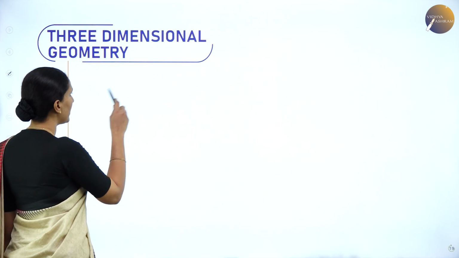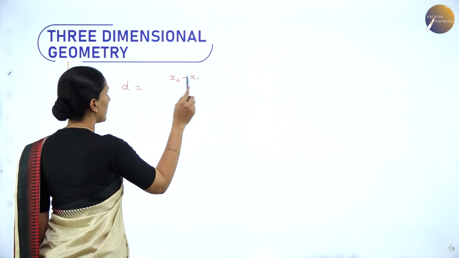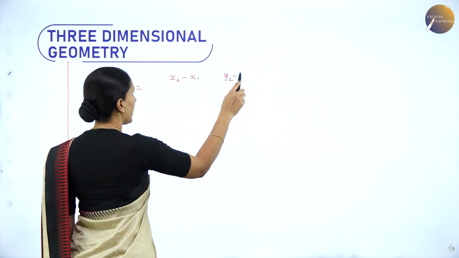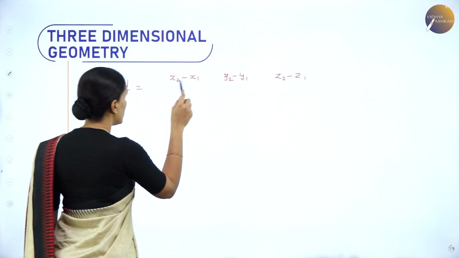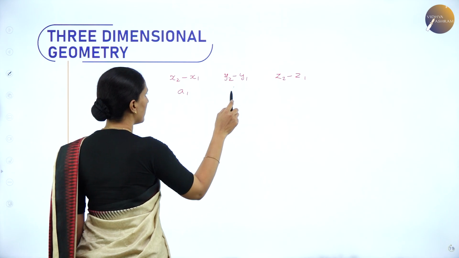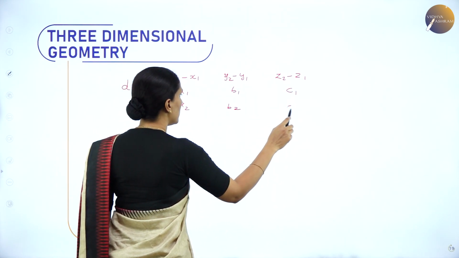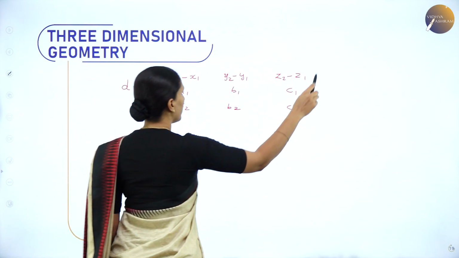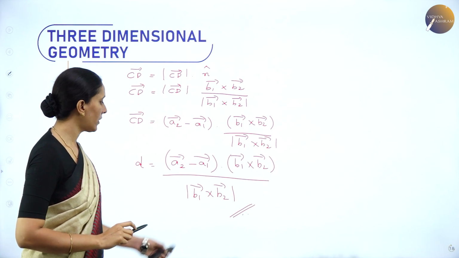Similarly, in Cartesian form, D can be written as the determinant of x2 minus x1, y2 minus y1, z2 minus z1, then a1, b1, c1, and a2, b2, c2, divided by the magnitude of b1 cross b2.